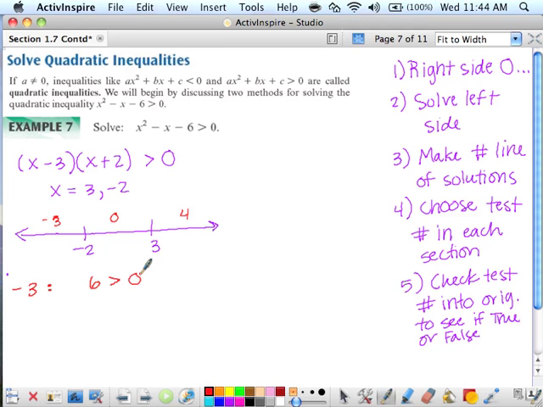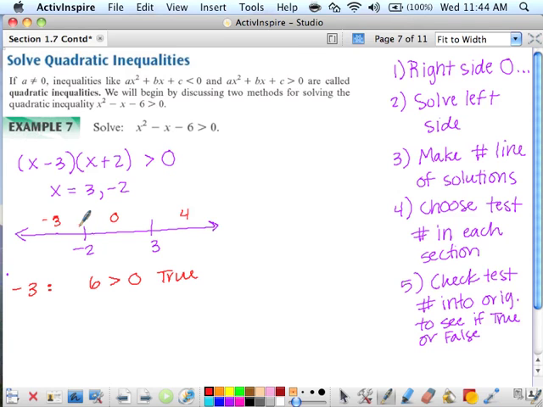So negative 3 squared is 9, 9 minus negative 3 is 12, and 12 minus 6 is 6. So the left side is 6, and I want that to be greater than 0. In this case, that's true. So everything in the same section of my number line with negative 3 should also produce a true answer when I plug back into the original.